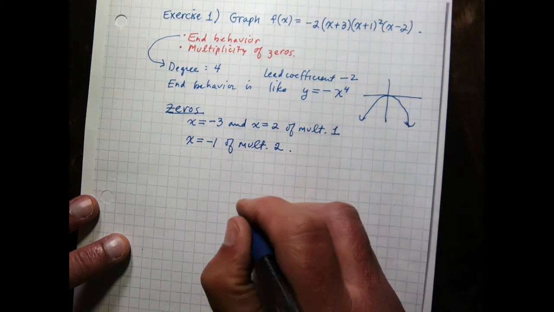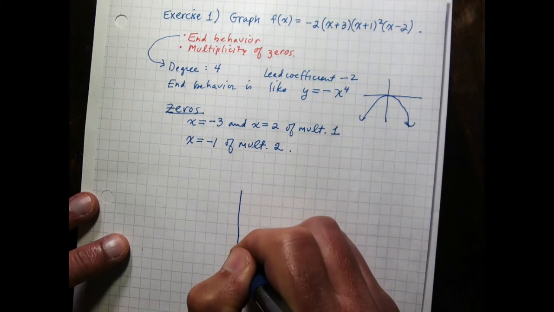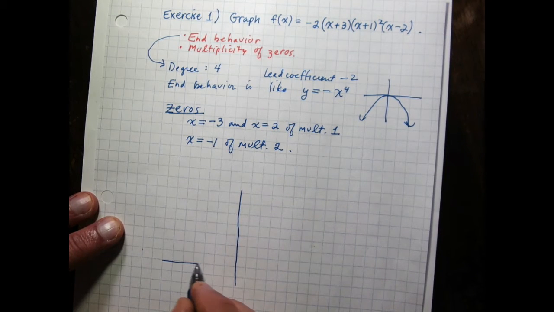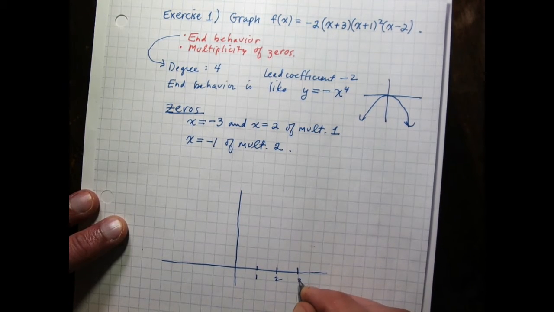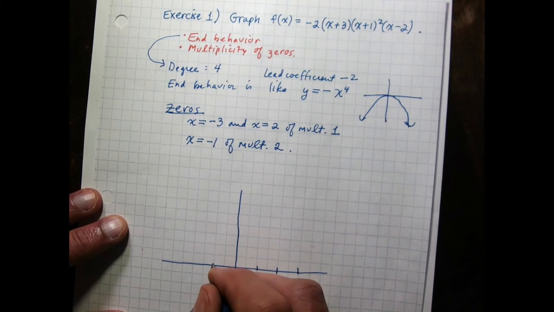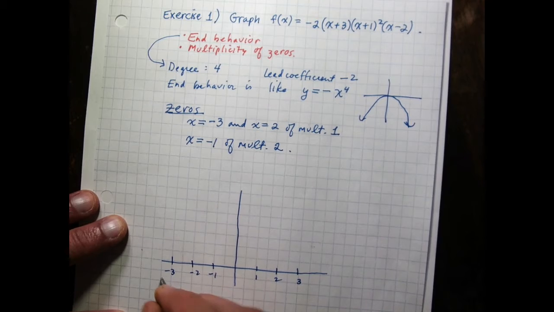And now let's start working on a graph here. So this is a rough sketch kind of graph, and maybe I'll go 1, 2, 3, -1, -2, -3.